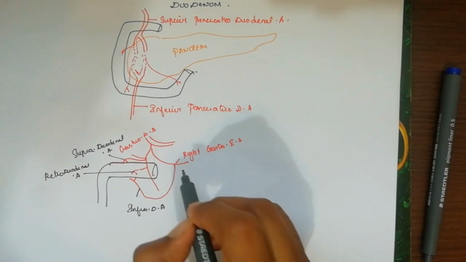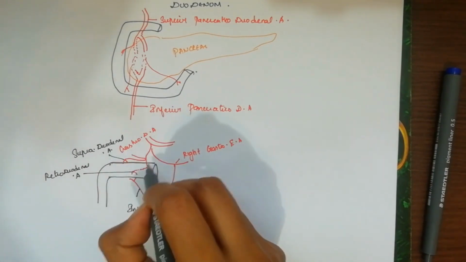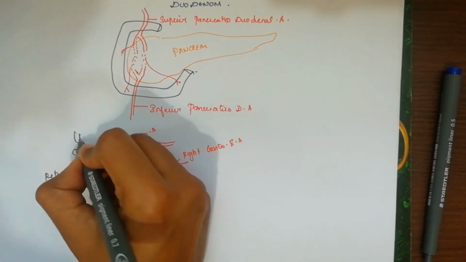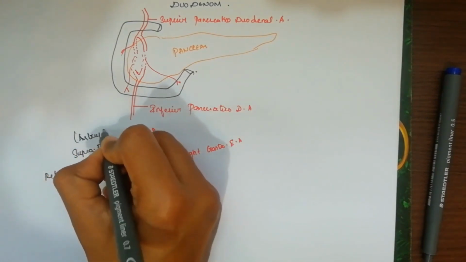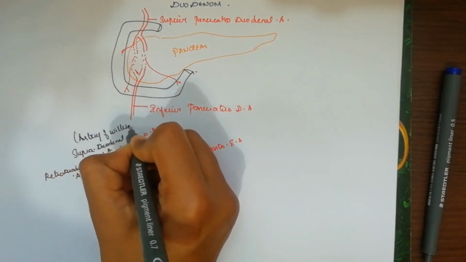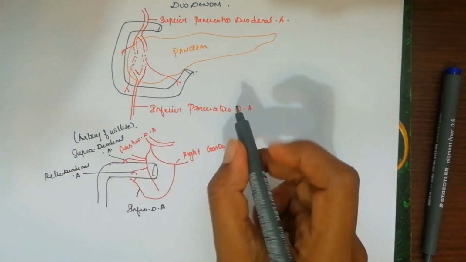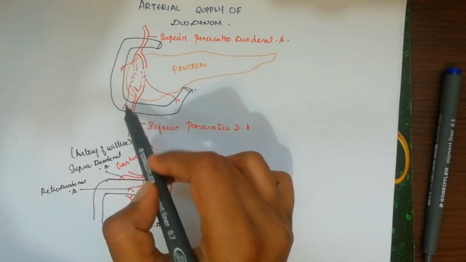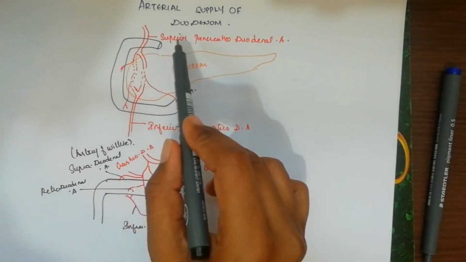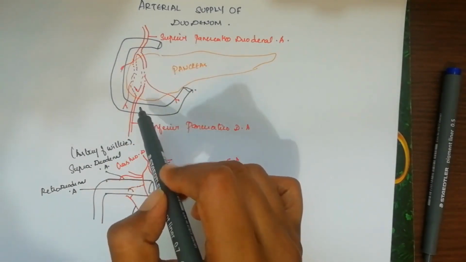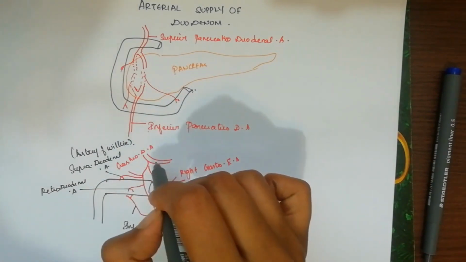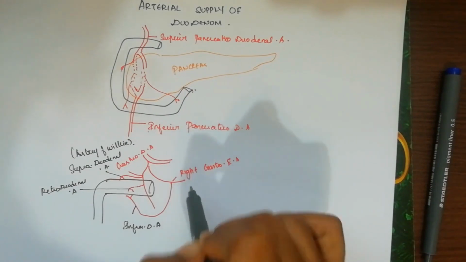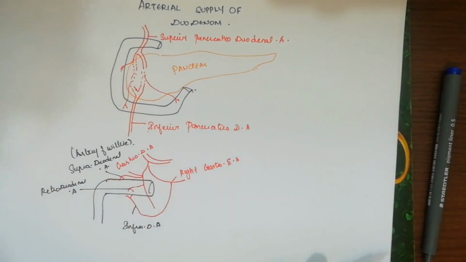These are the end arteries peculiarly supplying the first part of duodenum. The supraduodenal artery is otherwise known as the artery of Wilkie. So these are the details we have to mention while explaining the arterial supply of duodenum. All the parts are supplied by anastomosis between the superior and inferior pancreatico-duodenal arteries. Only the first part has a peculiar arrangement, coming from the gastroduodenal and right gastroepiploic arteries.